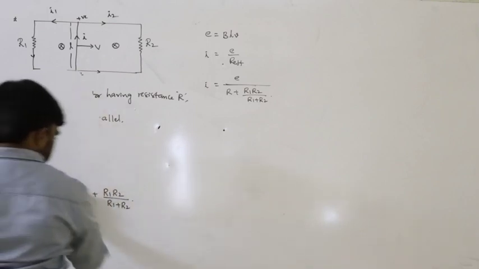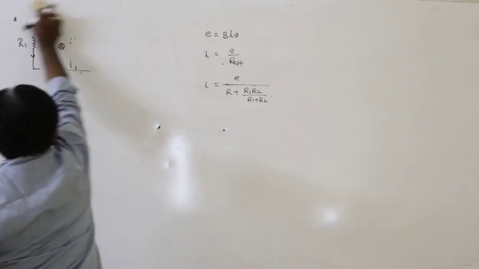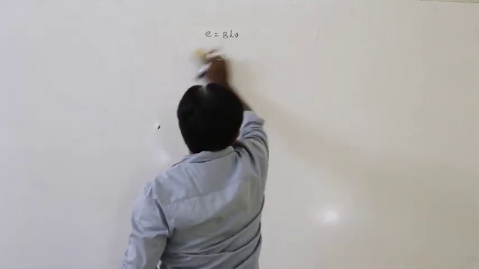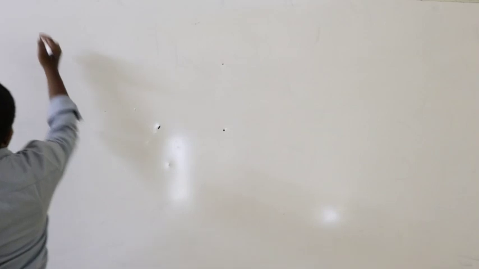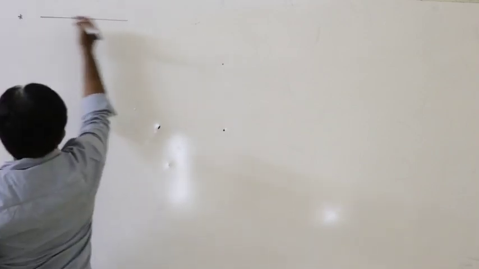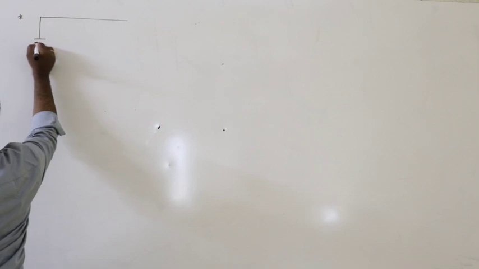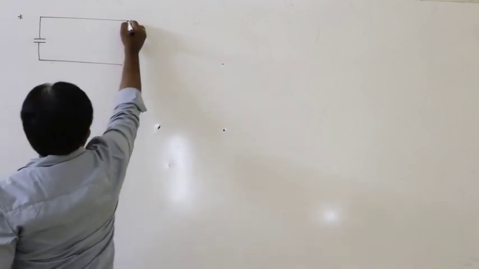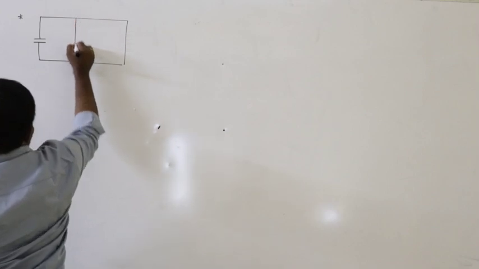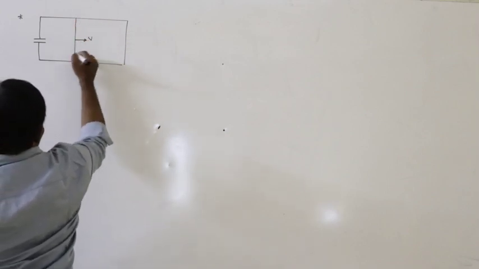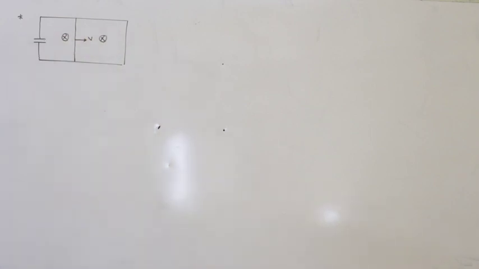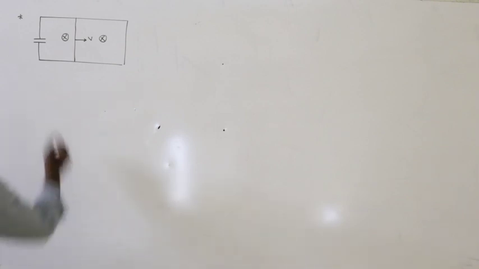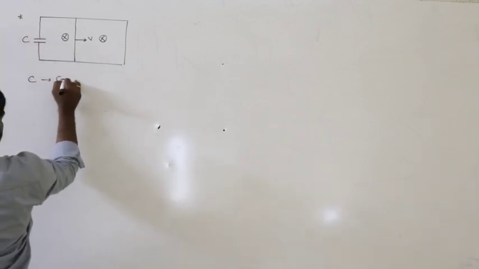Next, in the same situation, this resistance and this capacitor are connected like this, and this is the conductor moving with velocity v here, and this is the direction of the magnetic field.